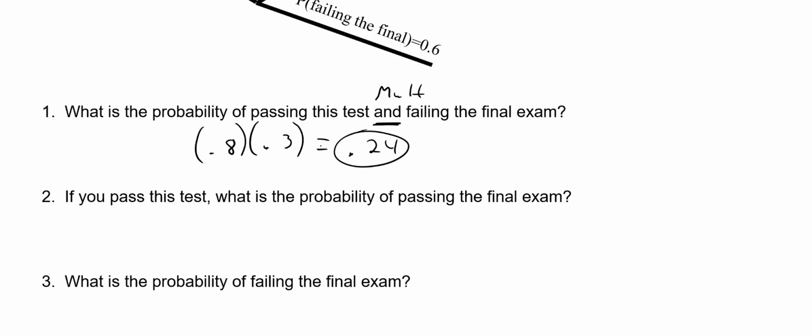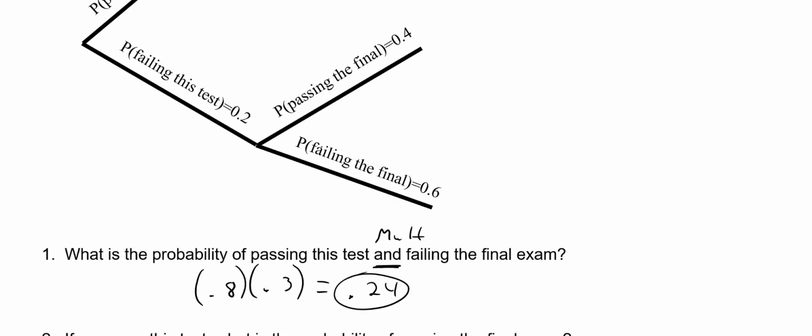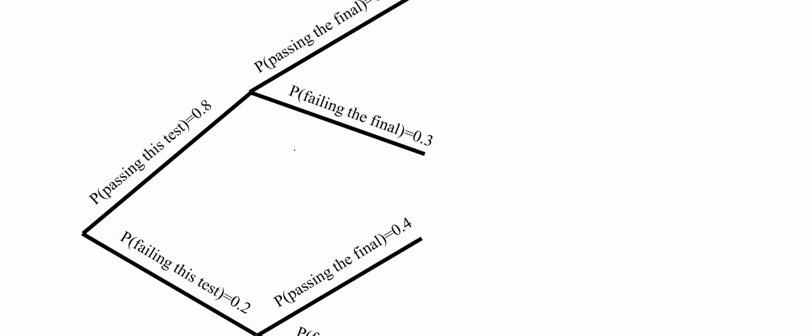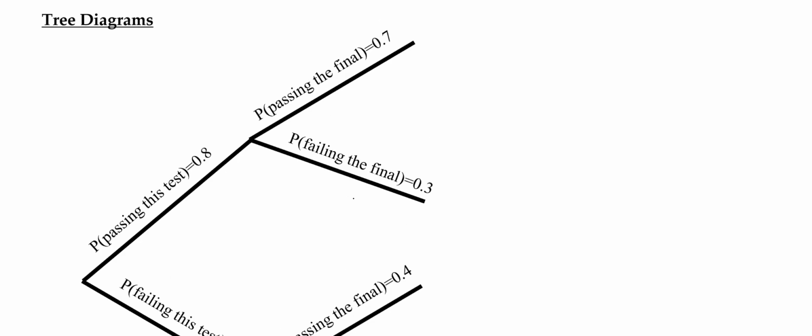Okay, the next question. If you pass the test, what's the probability of passing the final? So, I passed the test, what's the probability of passing the final? Do you guys agree? I already told you I was passing this test, so you don't even need to tell me anything about passing the test. I've already passed that spot, so I really just need to say what's the probability of passing the final, and that's 0.7.